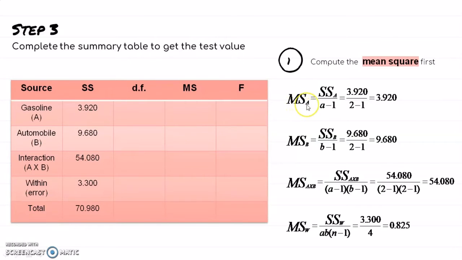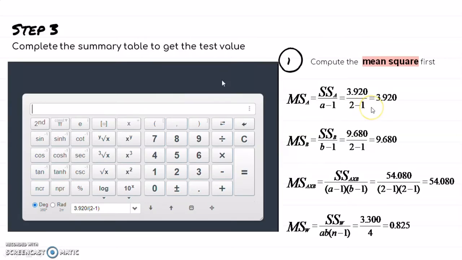Untuk mean square A, cara nak dapatkan mean square A adalah dengan sum square A divide by A minus 1. So, untuk dapatkan value sum square A, rujuk dekat table. Jadi, ambil value untuk sum square A, iaitu 3.920. Masukkan dekat sini dan divide by A equals to 2 minus 1.